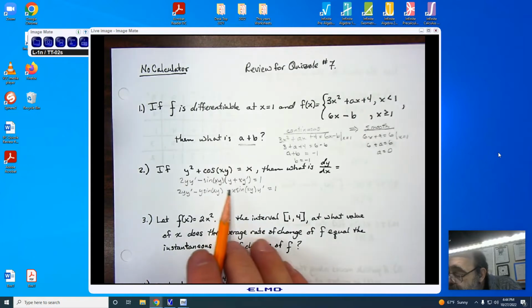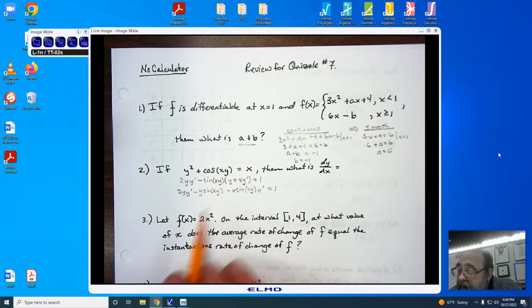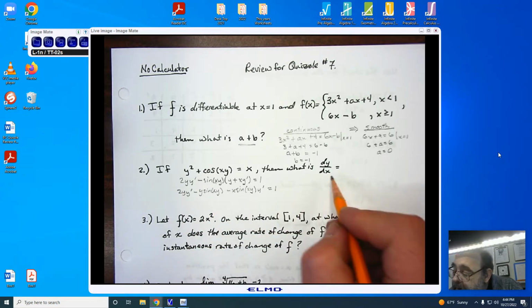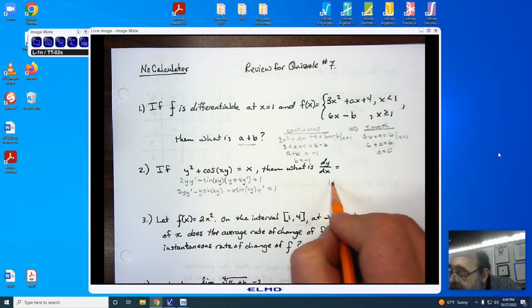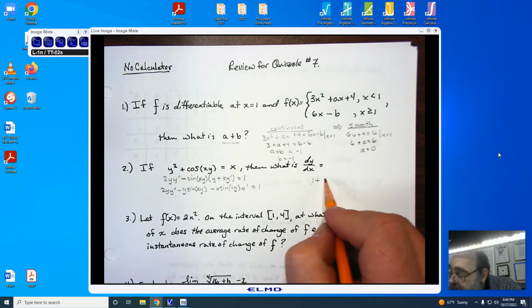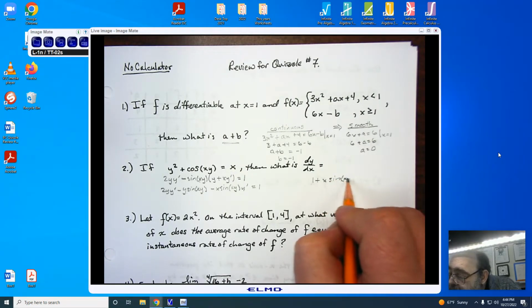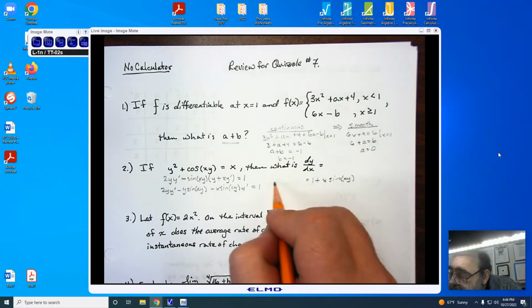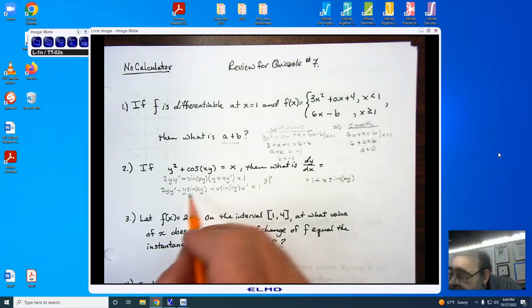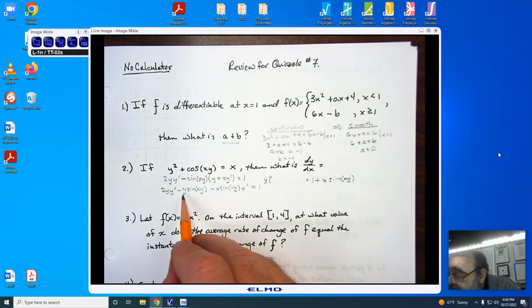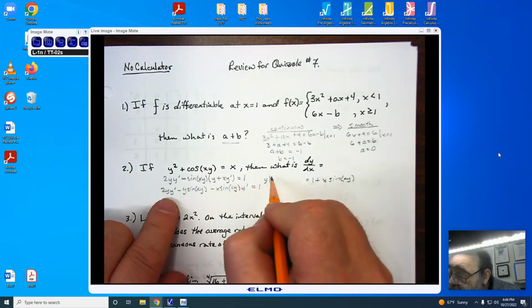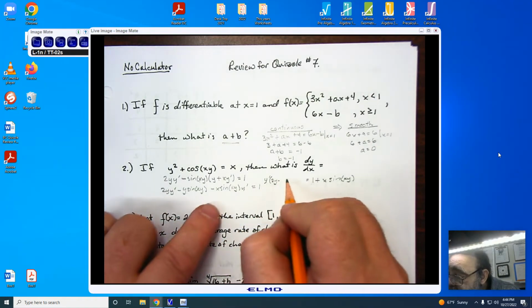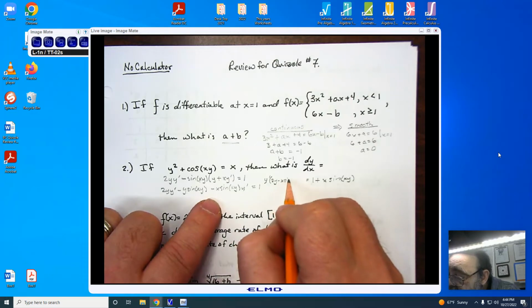Now you'll notice I like to put the non-y primes up in the front, the y prime in the back, and I'm now going to move this piece here. So we now have 1 plus, and we have our x sine of xy, and it's going to equal our y prime times what's left, and you'll notice that I have this 2y minus the x sine xy.